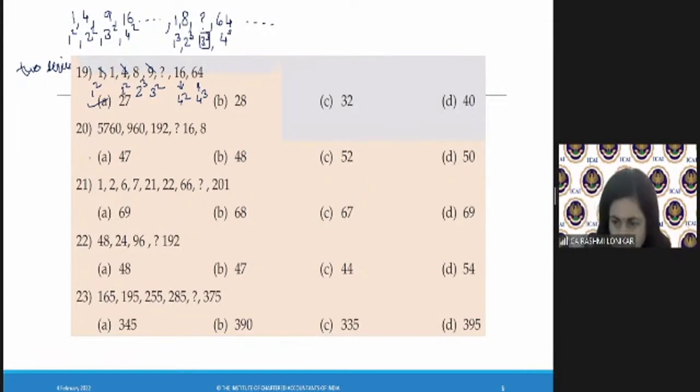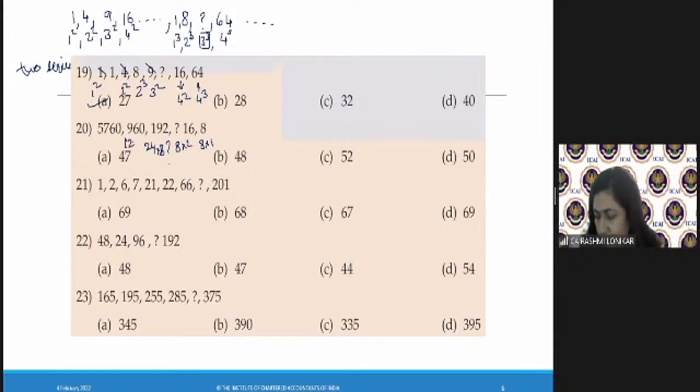Okay, so this is 8 ones. This is 8 twos. Then I don't know this question mark. 192 divided by 8 is 24. So this is 24 into 8. 960 divided by 8 is 120.